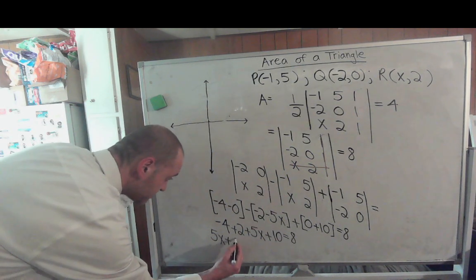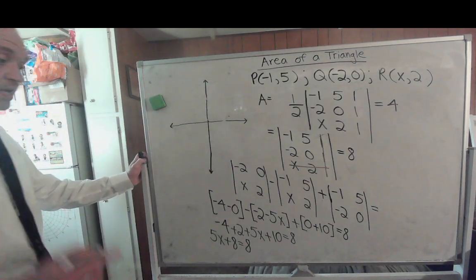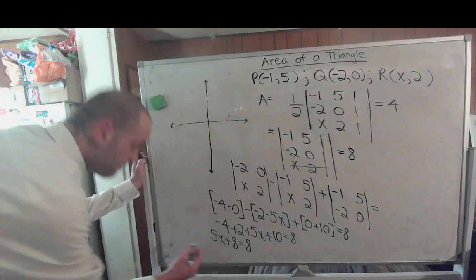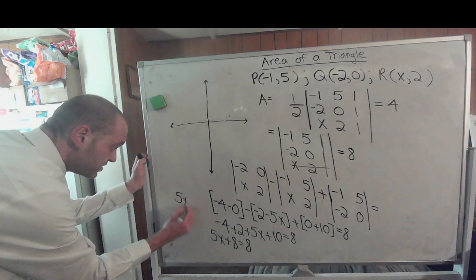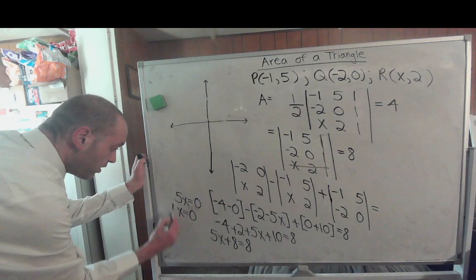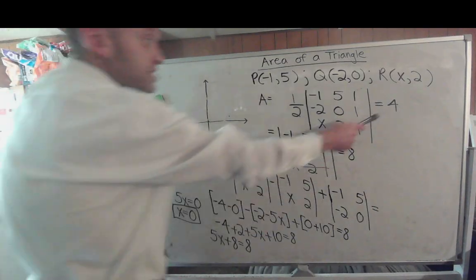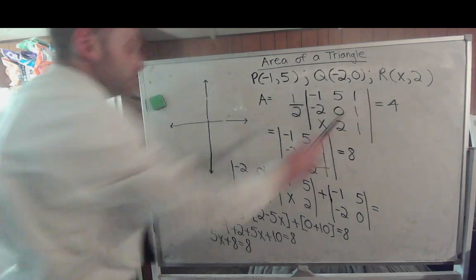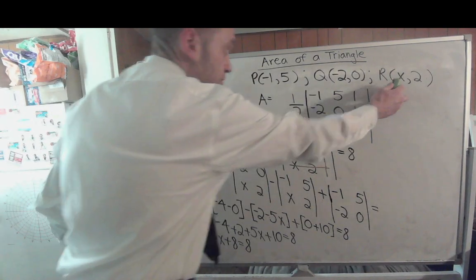So 5x plus 8 would equal 8. So that means 5x equals 0, which means I should get an x value of 0. So the x-coordinate of point R that would give us an area of 4 square units is going to be 0. So R will have the coordinate 0, 2.